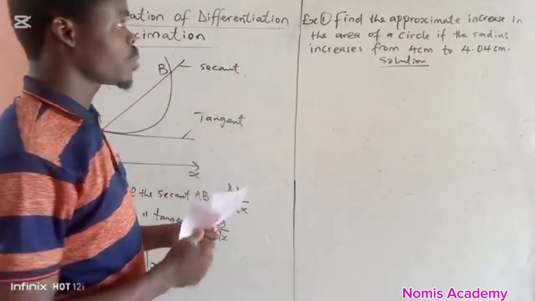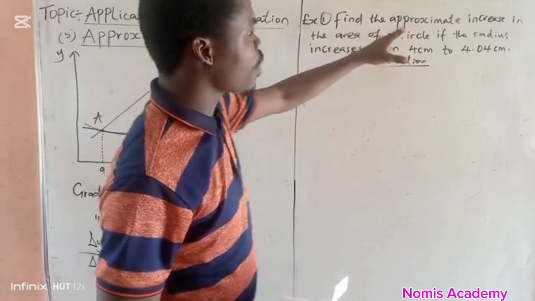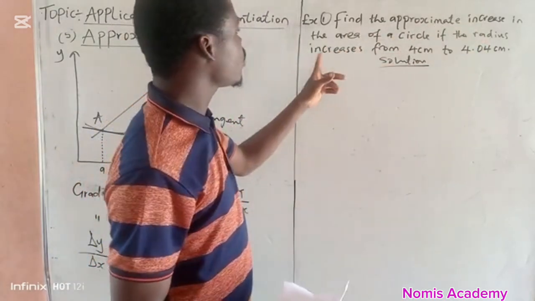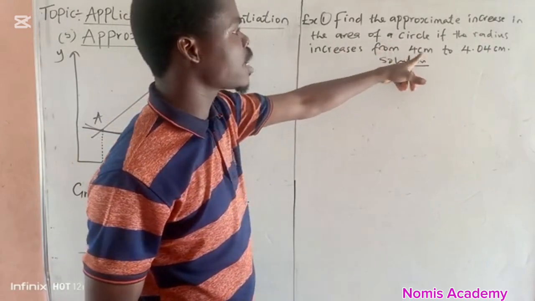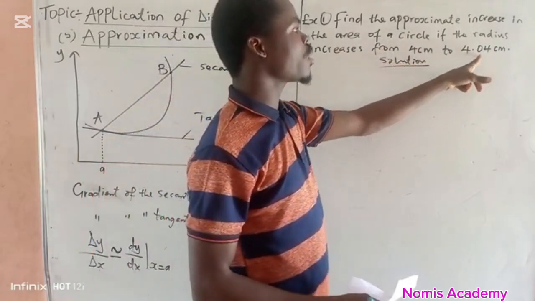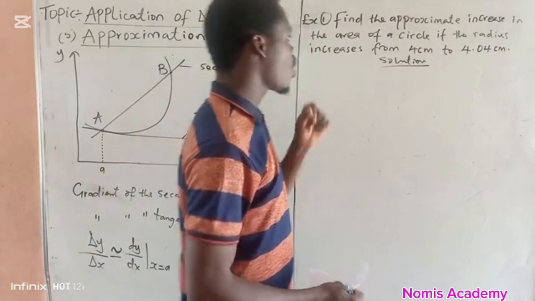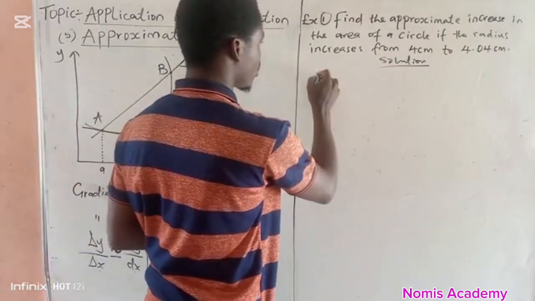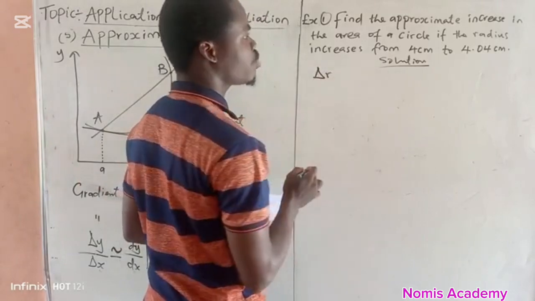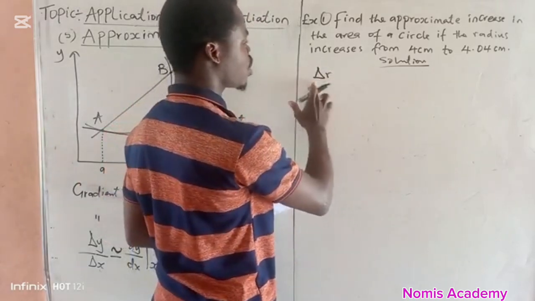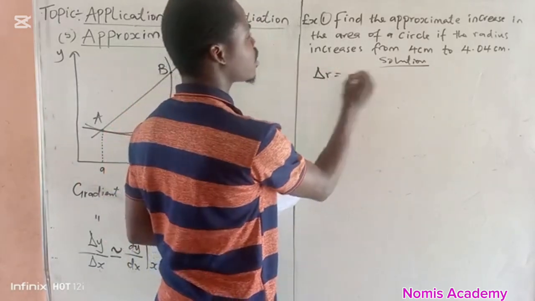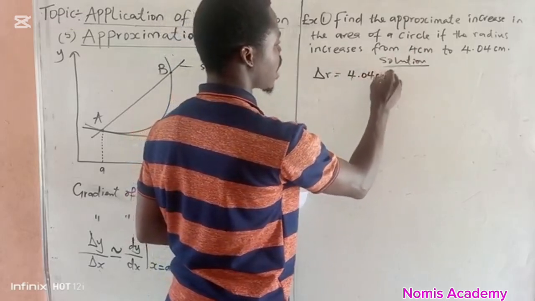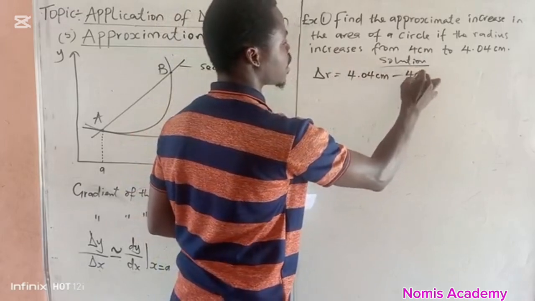So in this question, we are asked to find the approximate increase in the area of a circle if the radius increases from 4 centimeter to 4.04 centimeter. The first thing we need to do is get the change in radius. Change in radius, or the increment in radius, which is delta r, is 4.04 centimeter minus 4 centimeter.